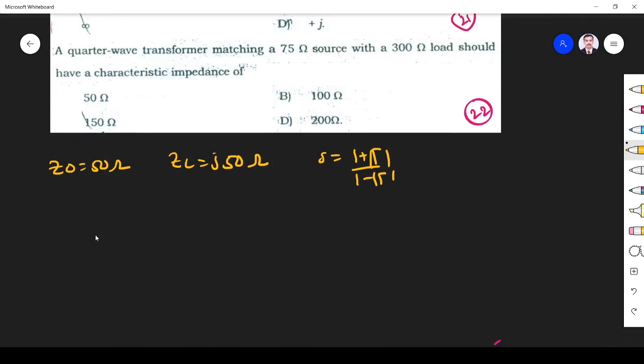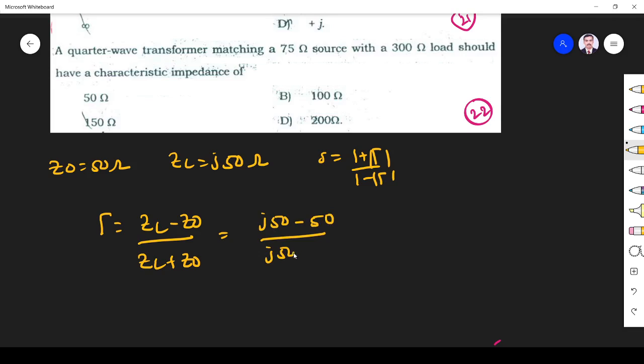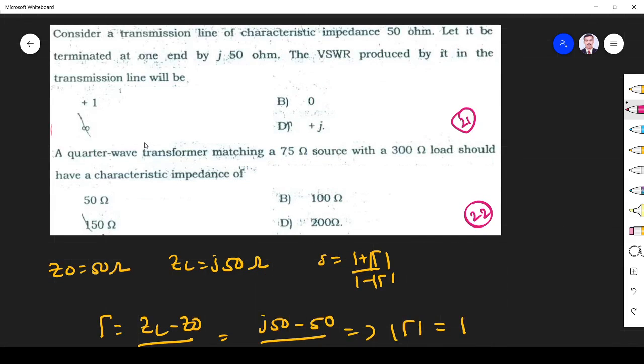Gamma is equal to ZL minus Z0 divided by ZL plus Z0. Substitute the values. ZL is j50, so gamma is j50 minus 50 divided by j50 plus 50. After simplifying this, find the magnitude. You get mod gamma is equal to 1. This implies 1 plus gamma divided by 1 minus gamma is equal to infinity, right? So the answer is option C.